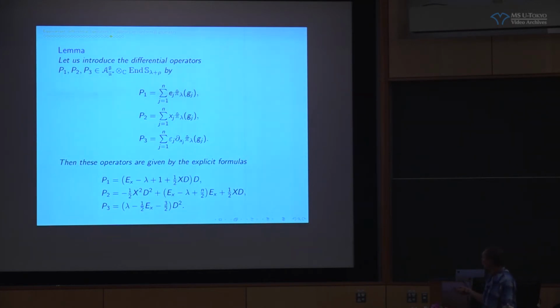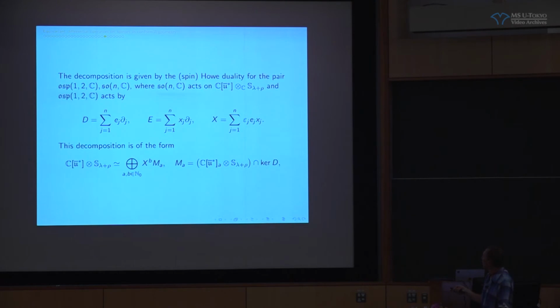So once we have this system of now three operators entering the F-method, we have to adjust a little bit the vector space on which these three operators will be acting. So we return back to our polynomial algebra tensored with the spinor representation.